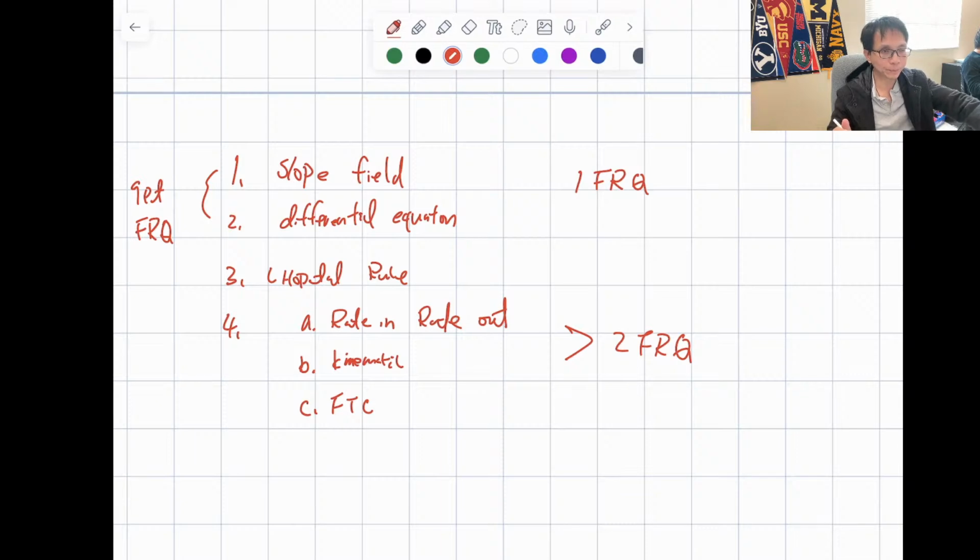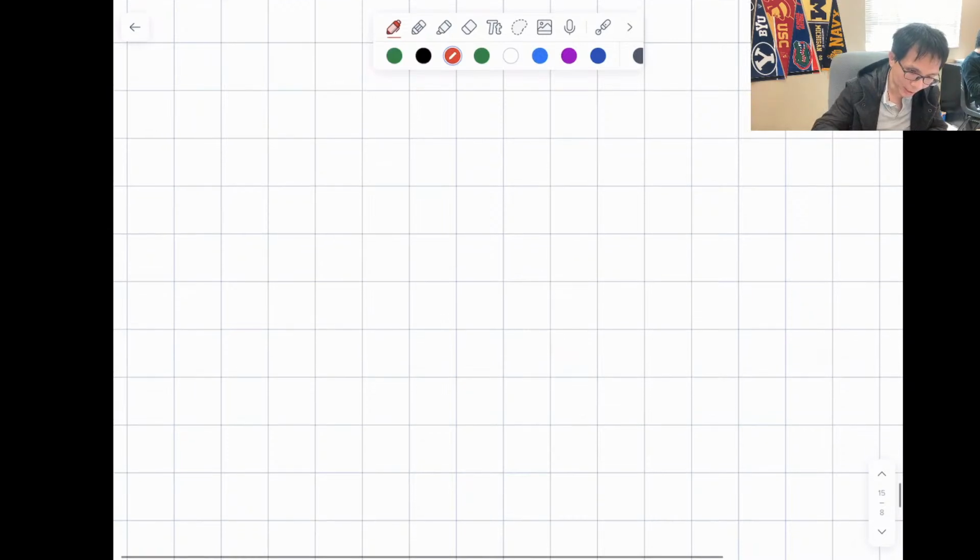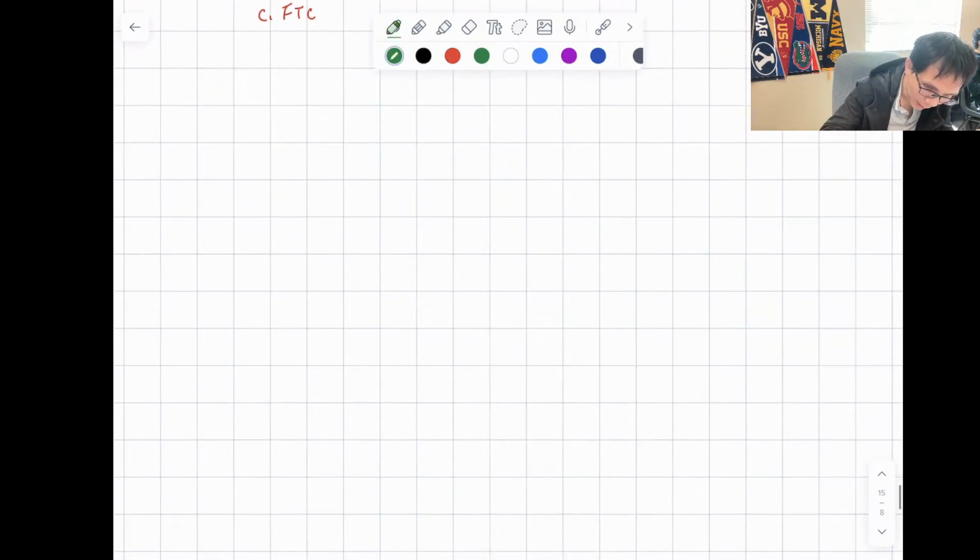All right. So yesterday, we said L'Hopital's rule is very easy. L'Hopital's rule applies if you have one of the following indeterminate forms. This could be 0 over 0, which is a very popular one, and infinity over infinity.